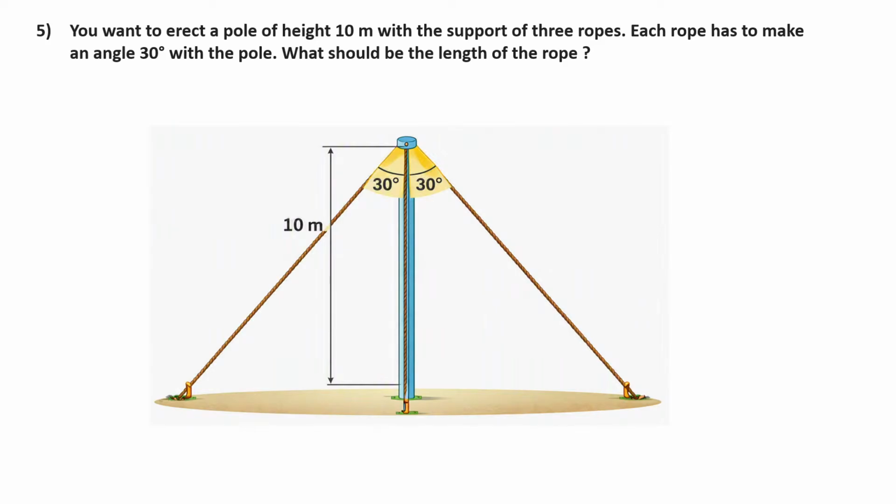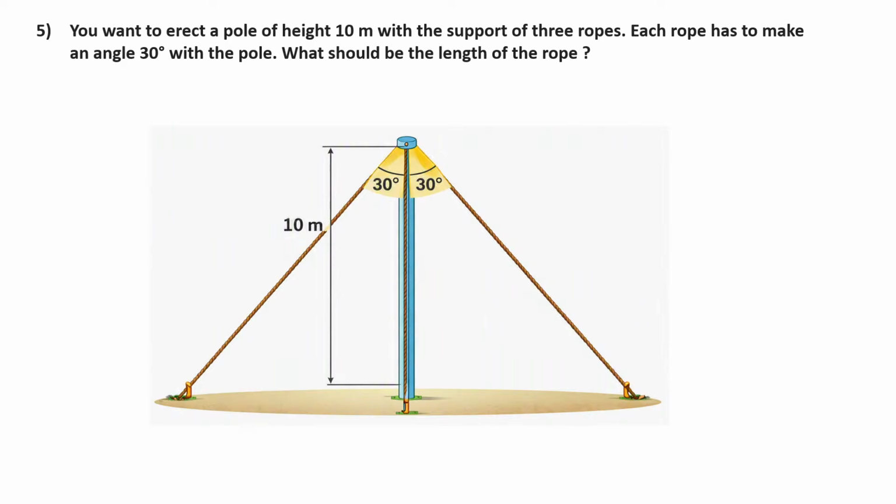To erect that pole perpendicular to the ground, we have taken the help of 3 ropes, as you can see on the screen. There are 3 ropes tied to the top of the pole and pulled and tied to the ground level, so that each rope is making a 30 degrees angle with the pole but not with the ground.